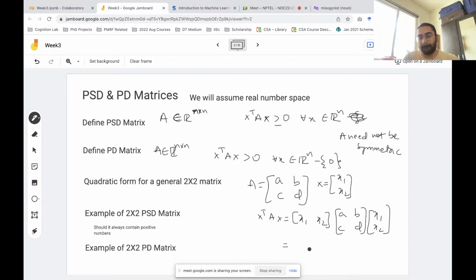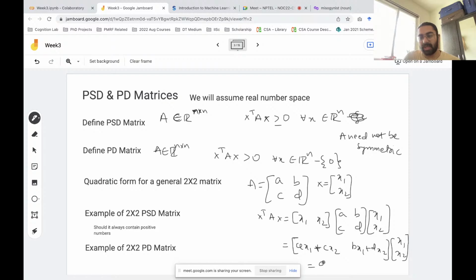Can you guys see the screen? So what does this correspond to? This becomes ax1 plus cx2, and this becomes bx1 plus dx2, multiplied by x1 and x2.